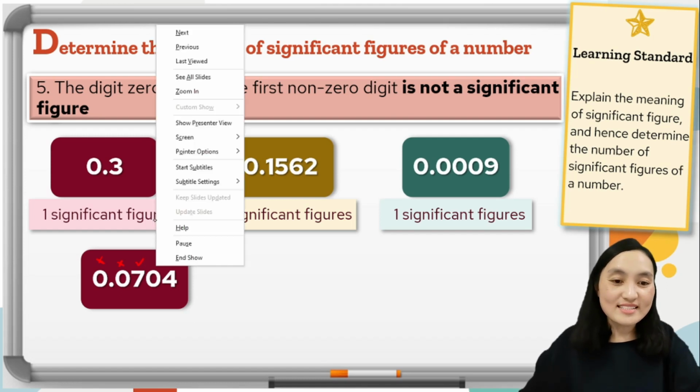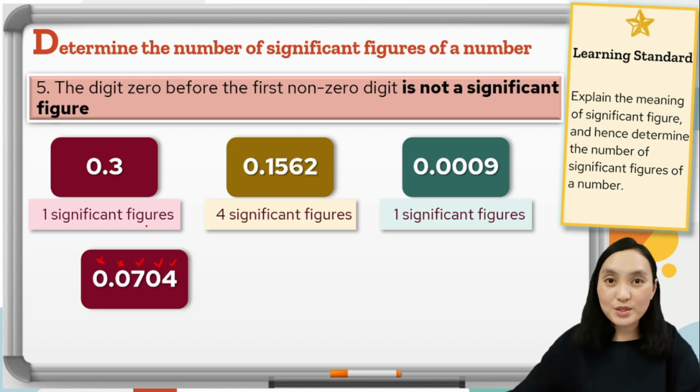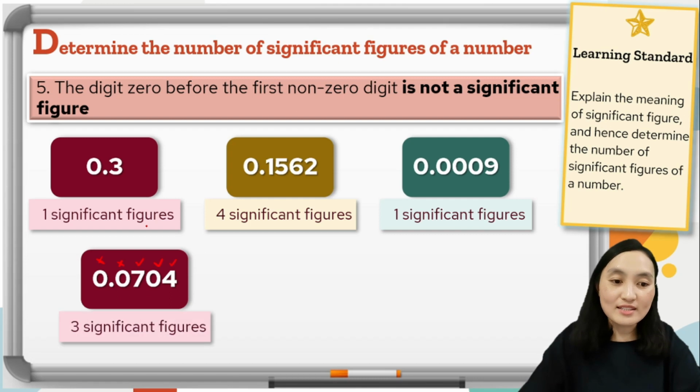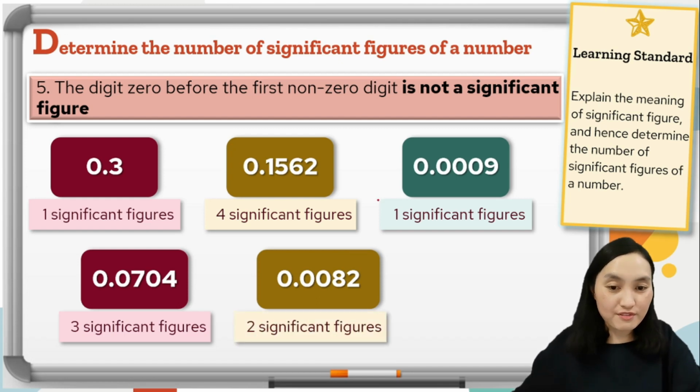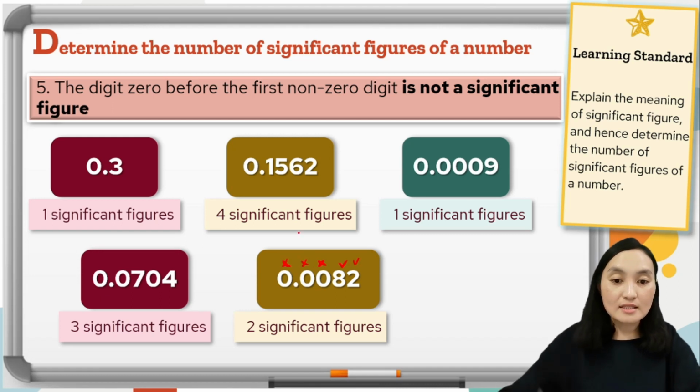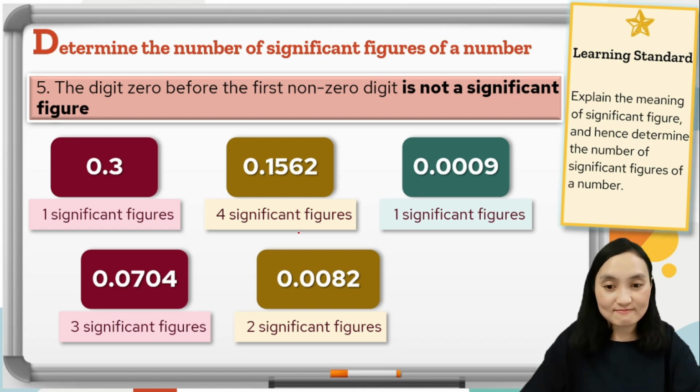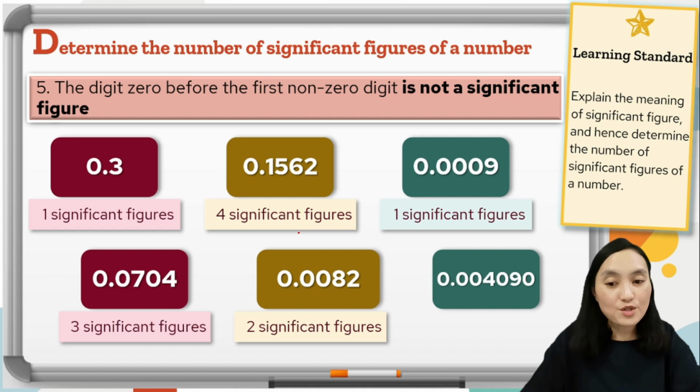Yes, because this is the 0 between the non-zero digits. So altogether there are 3 significant figures in 0.0704. The next one, 0.0082. There are 2 significant figures and all these are not calculated because they are the digit 0 before the non-zero digit.